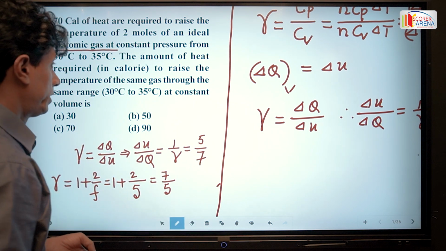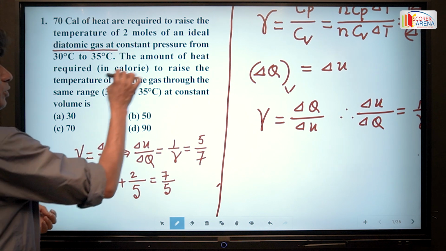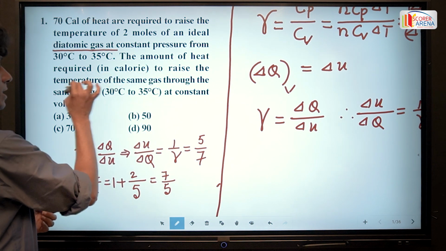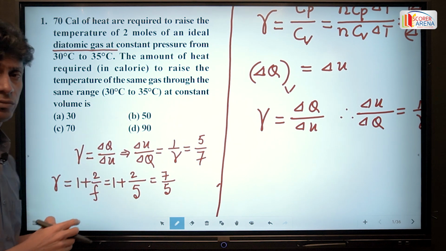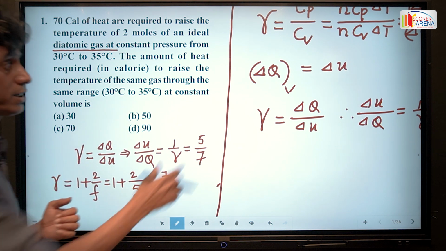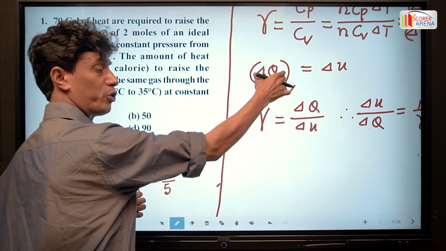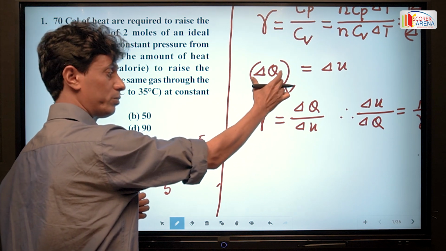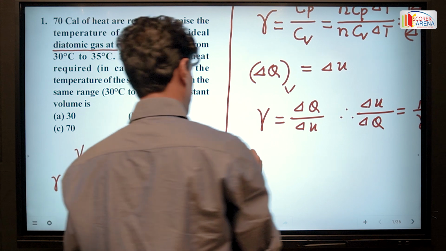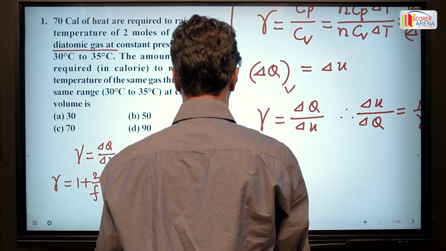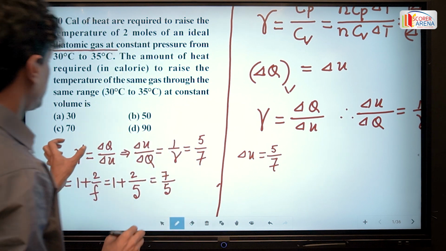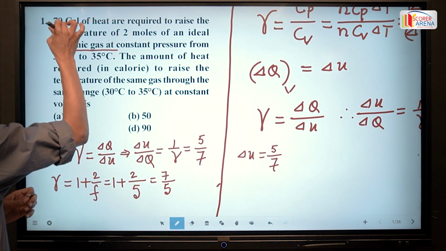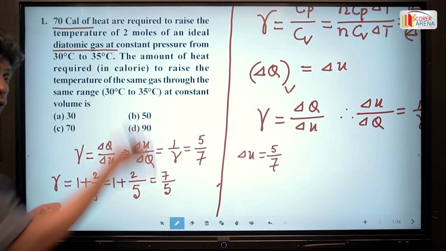So therefore, the amount of heat required to raise the temperature of the same gas through the same range at constant volume: here del U represents the amount of heat supplied at constant volume. So del U is equal to 5 by 7, and the amount of heat given in the problem at constant pressure is 70 calorie.